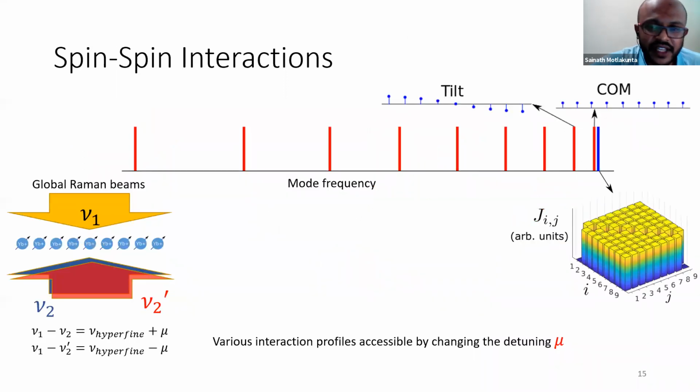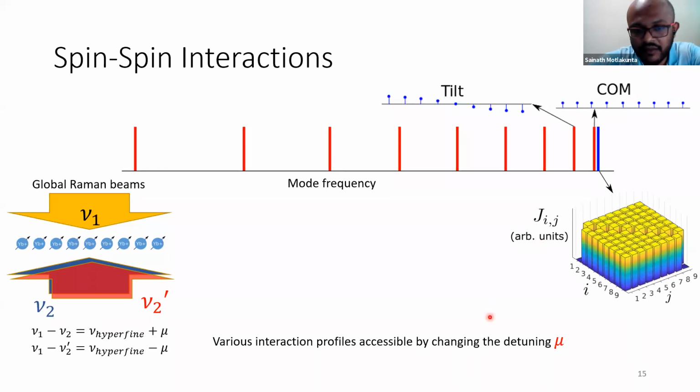Now by changing the detuning mu in the previous expression that I have showed, across the mode frequencies of the ion chain, one can achieve various interaction profiles. By choosing mu close to the center of mass mode, we can achieve an interaction profile where the interaction strength is independent of the ion index.